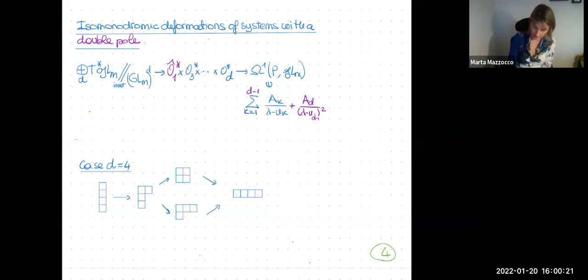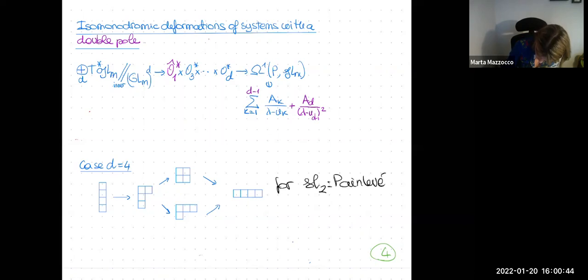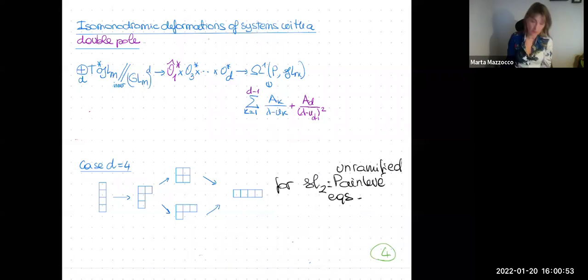If you then decide that instead of GL_n you restrict to SL2, then you get the Jimbo-Miwa construction, which I will talk about later, which brings you down to the Painlevé equations. Ramified means that some cases of those equations are not done.